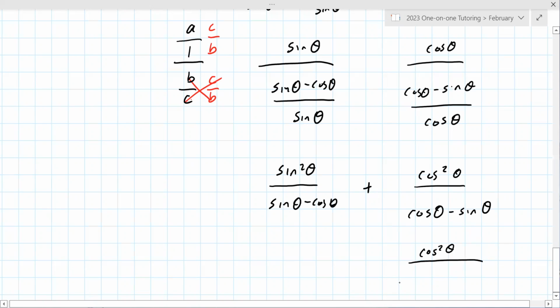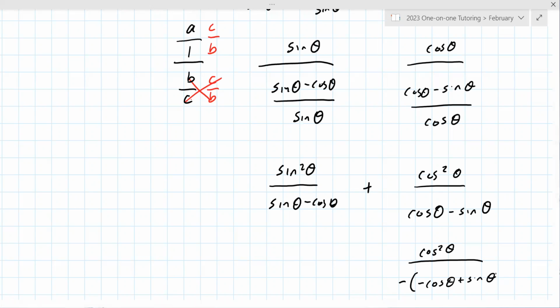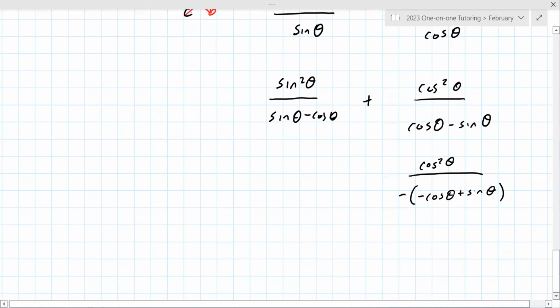So let me show you that. If you take a negative out, it becomes negative cosine theta plus sine theta, like that. Is that clear? Okay. And then that negative goes up to the top, taking the place in the middle between the two. And so then you just rewrite the bottom as sine theta minus cosine theta.